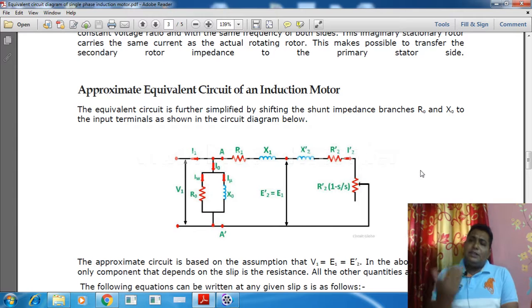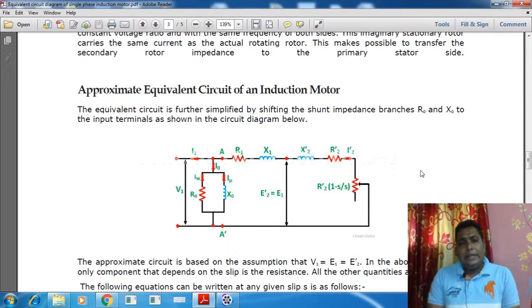So we need the same characteristics so that we can add or subtract both components, both side resistances and both side reactances. That's why, for the simplicity of the calculation, when we are referring, we have to refer the resistance value and the reactance value, so that we can simplify the equation into a simpler circuit.